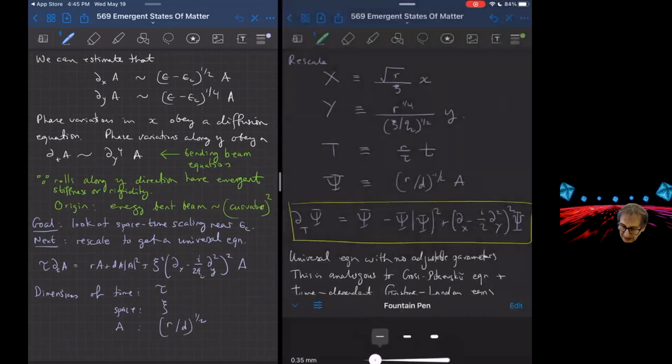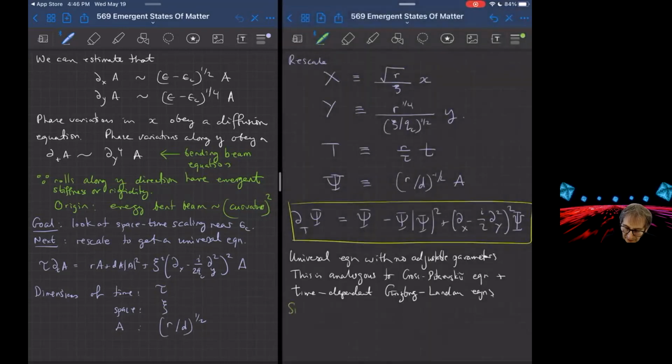Just to belabor the point, spatial variations transverse to the walls relax with a characteristic length scale which is order 1 in the variable capital X, i.e. xi over r to the 1/2 in the physical coordinates.